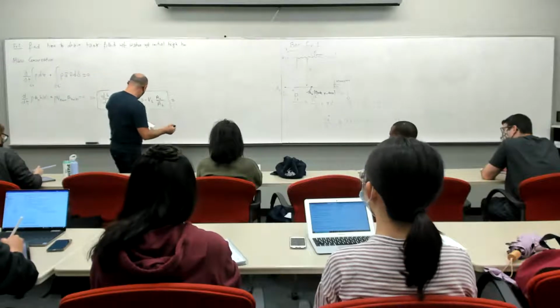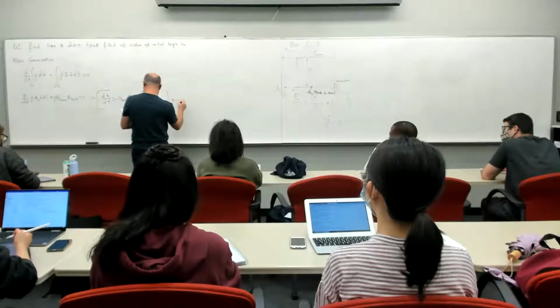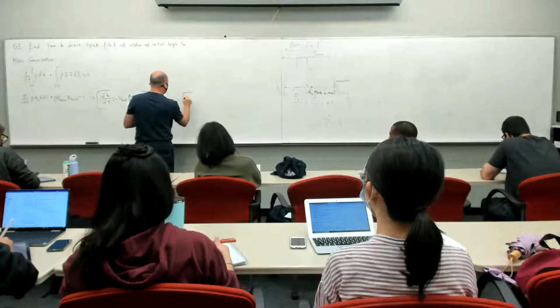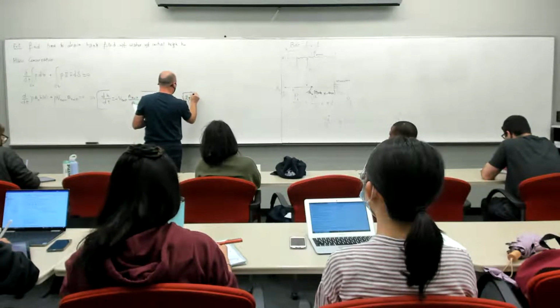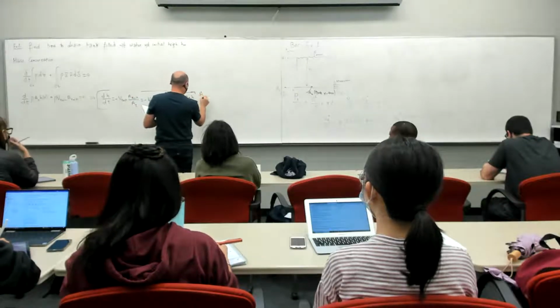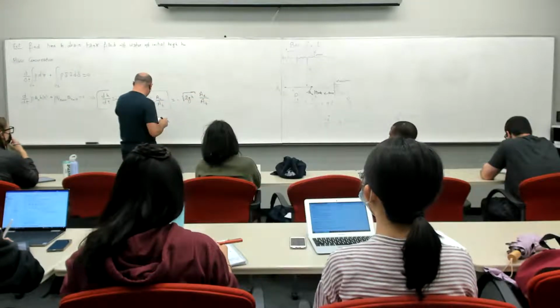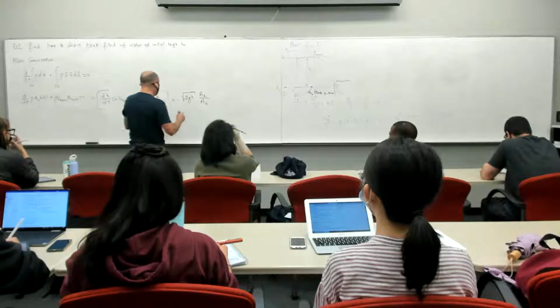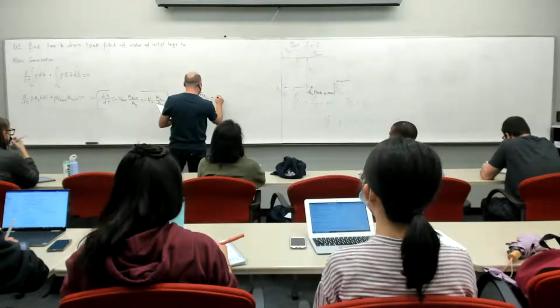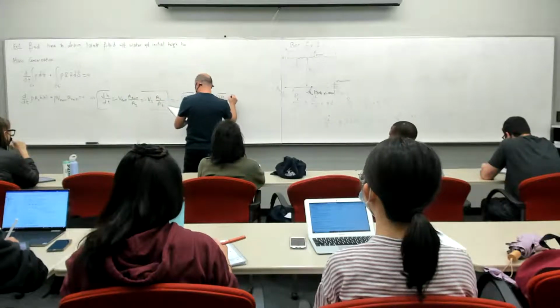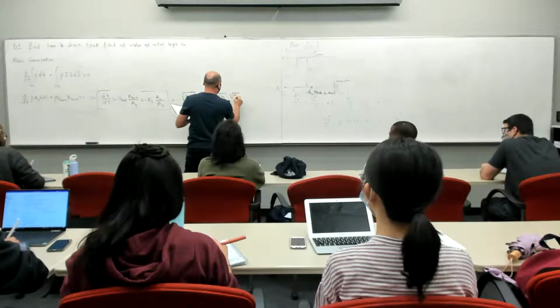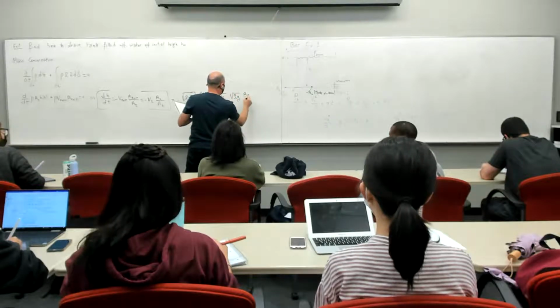So what do I have here? Minus square root of 2gh A exit over A tank, which are easily measurable quantities. We get minus square root of h, square root of 2g, A exit over A tank.